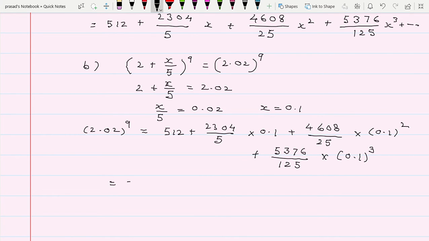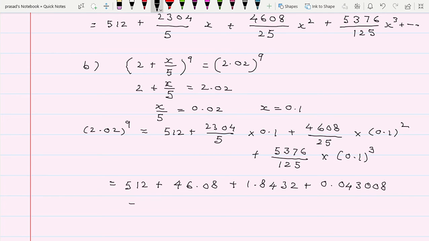Now calculate term wise. First is 512, the next will become 46.08, the third term 1.8432, and the last term will be 0.043008.